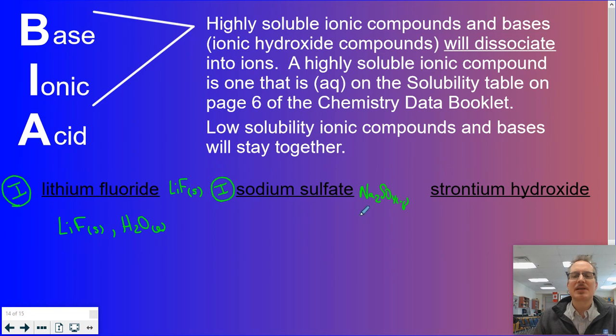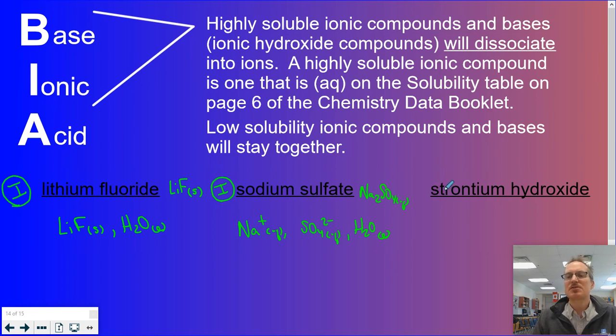So when I drop it into the bucket of water, the moment sodium sulfate hits, it's going to break into its ions: Na positive, SO4 2 minus, and of course, water is present. We are not making a list of how many of each. I agree that for every sodium sulfate that dissociates, I would have 2 sodiums. We're just making a list of what you would see, not how many.